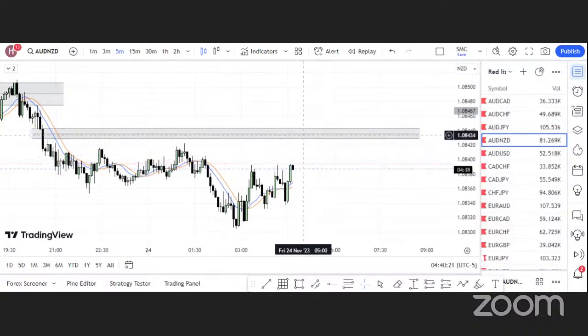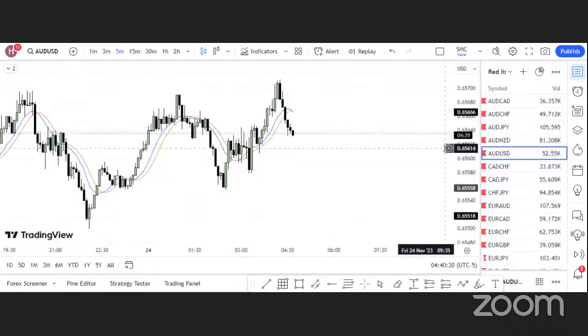Okay, so this will not do anything until it gets to this area where we can have a confirmation. So let's look for another one. Okay, it's far gone.